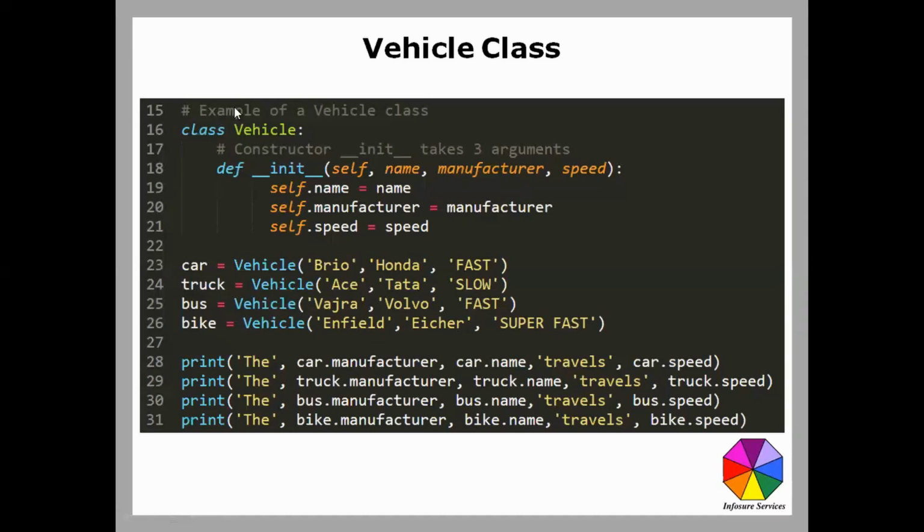Now, what is the purpose of doing this? I said you can create your own data type. So now when you print, I can print like this. Print and give an object dot attribute reference. It will give a message like that. The Honda Brio travels fast. The Tata Ace travels slow, likewise. So this is the purpose of printing it this way.